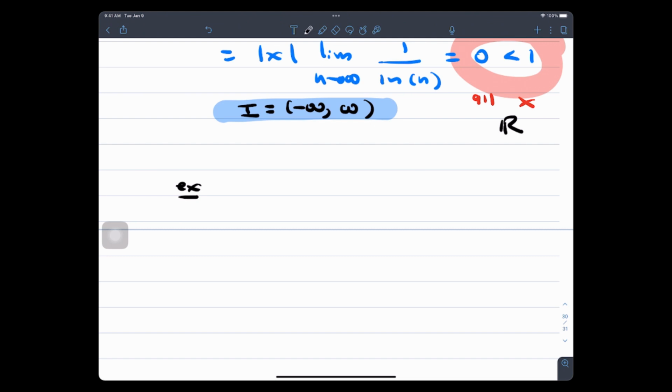Oh, let's try this one here. See what we have. Negative 2 to the n over square root of n, x plus 3 to the n.